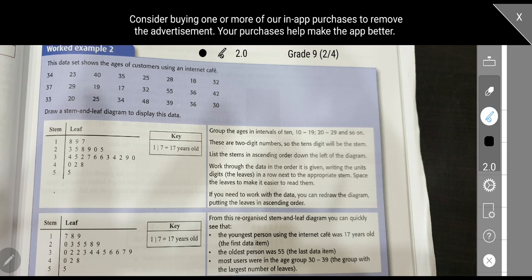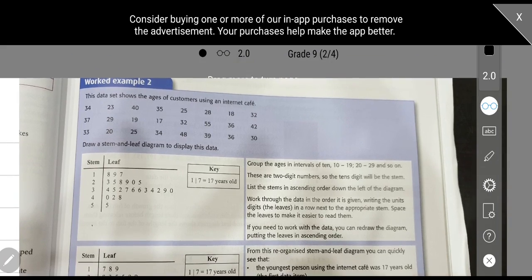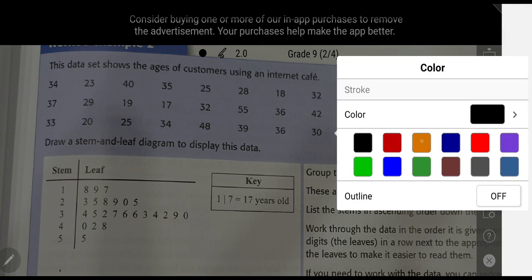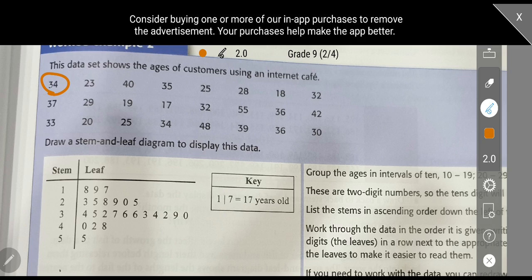These are the data here. If we look at 34, and I ask you what the stem is and what the leaf is, for sure you will tell me that the stem is 3 and the leaf is 4.